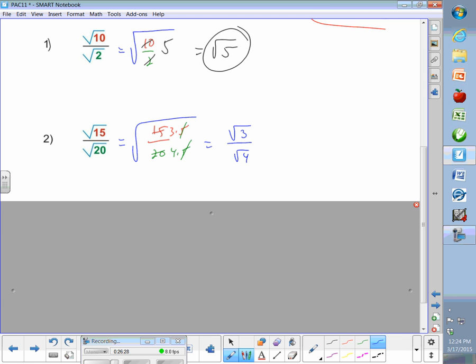By the way, the radical police say they will issue a citation if you leave a fraction as the radicand. Shame on you. Okay, you can't leave a fraction as radicand. But look, can't we do something with this? Isn't the square root of 4 2? Anybody get square root of 3 over 2? Ah, look at that. You're only 3 of you. Should feel good. You got it, and everybody else didn't.